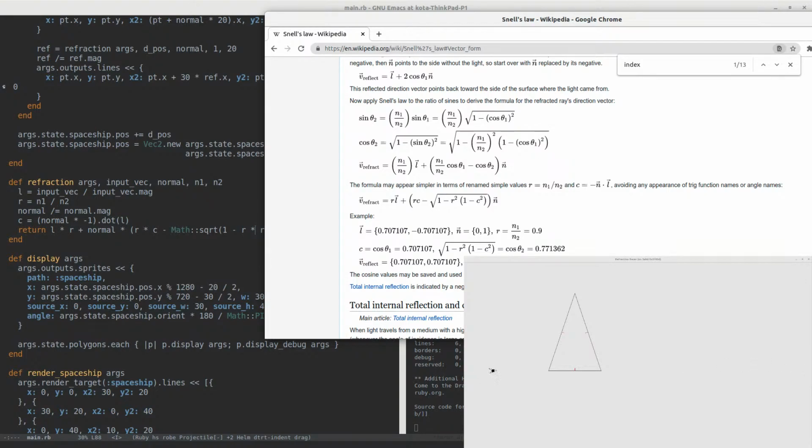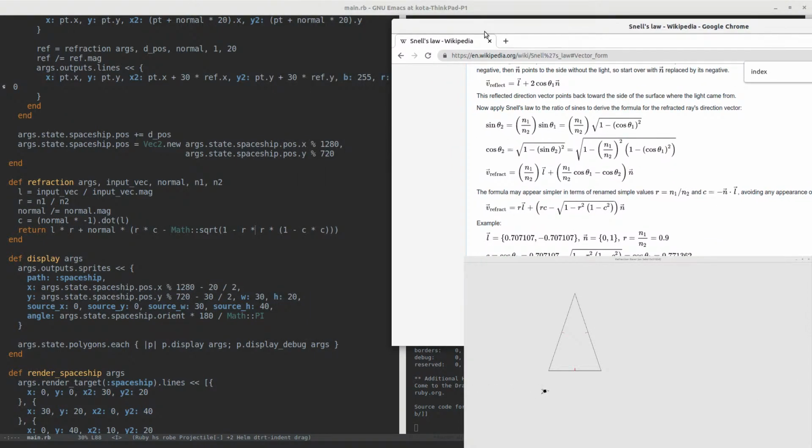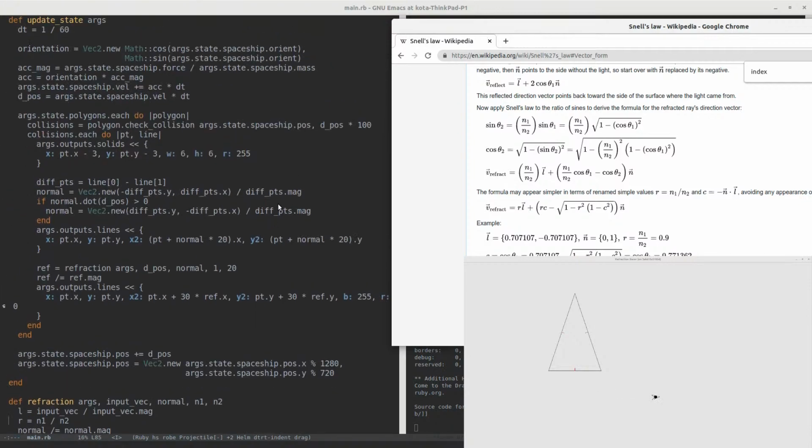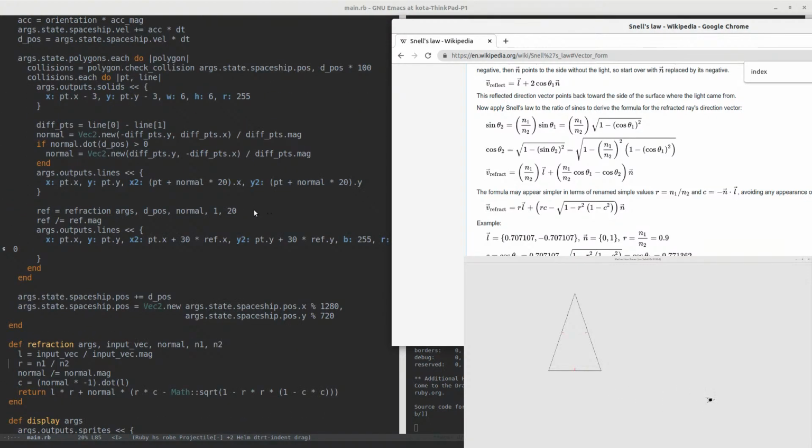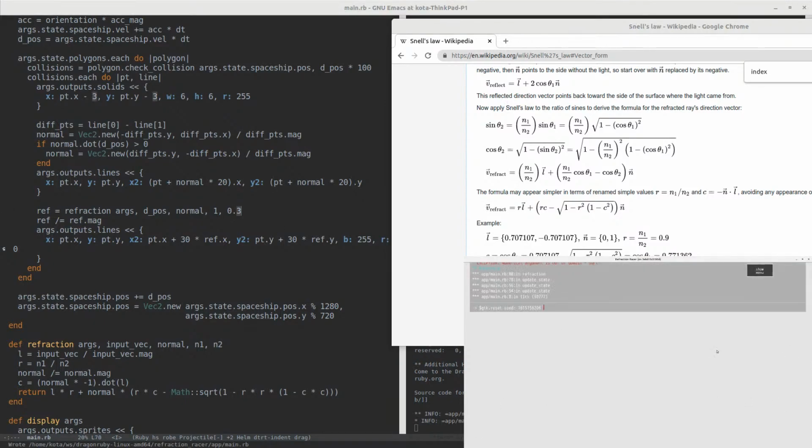Yeah, that's total internal reflection. So essentially, if that happens, we're looking at reflection instead of refraction. So it should presumably bounce off in that case, but we won't worry about that for now, especially given the time.